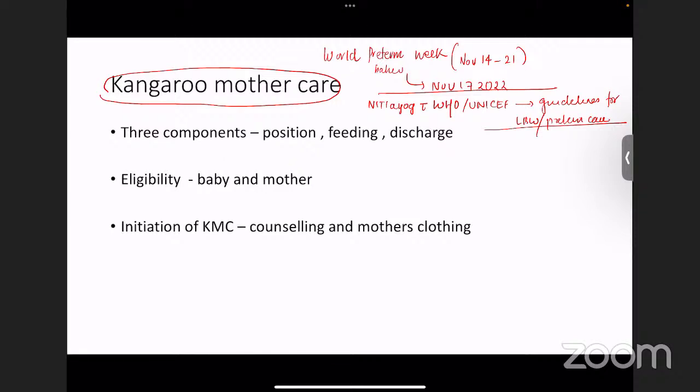So, what is kangaroo mother care? Kangaroo mother care is a technique where we provide support to stable low birth weight and preterm babies.